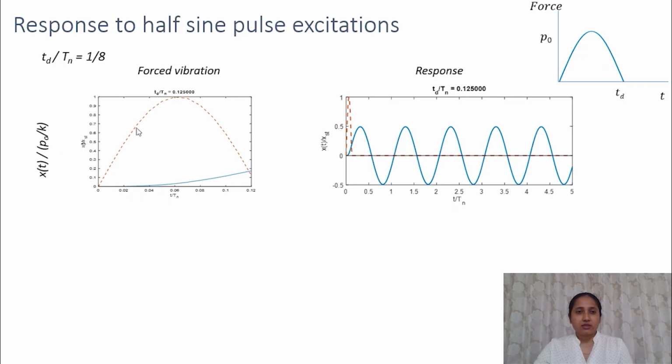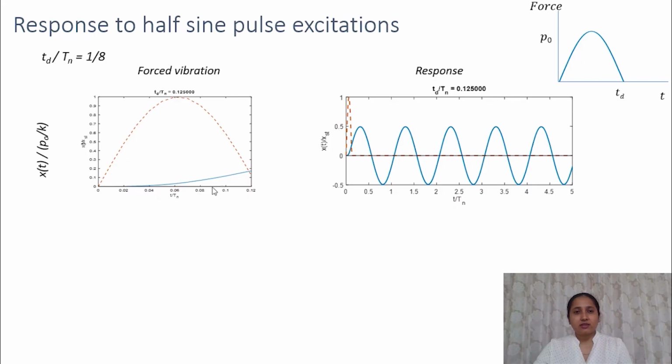The red dotted line indicates the static response, that is, the harmonic force divided by k. It has the shape of the harmonic force, but the amplitude is P naught by k, so in this normalized curve the amplitude will be 1. The blue line is the dynamic response.